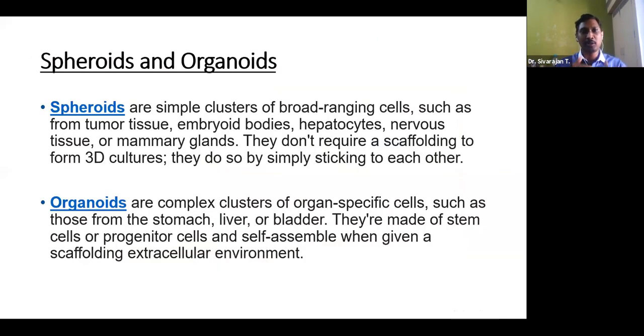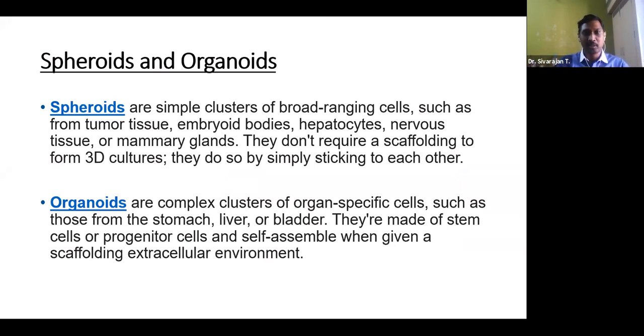Now we talk about all the terminologies. Let me get it very clear, the difference between spheroids and organoids. The spheroids are simple clusters of cells. They are basically formed when you put the cells in a non-attaching condition. So they have nothing else to attach to but themselves. So they all stick together to form a spheroid. And they don't require any scaffold, and they are just a simple circular ball of cells.